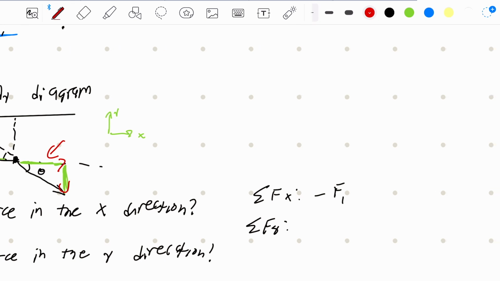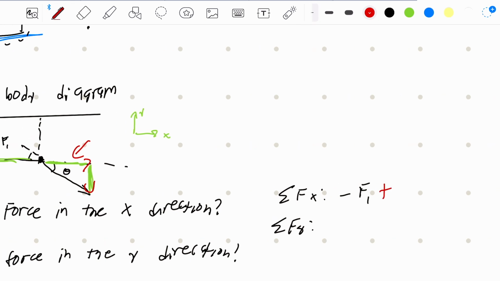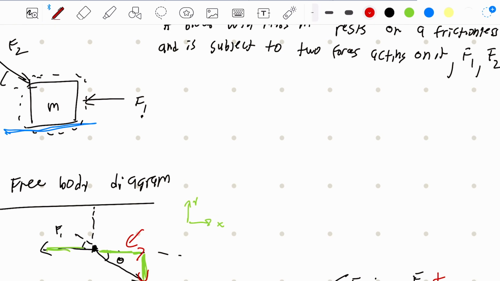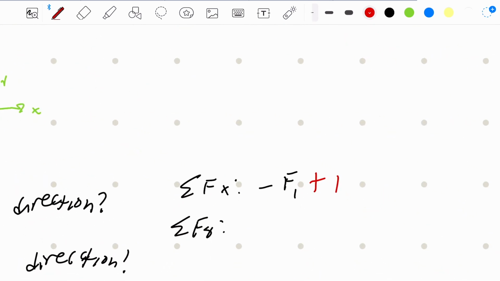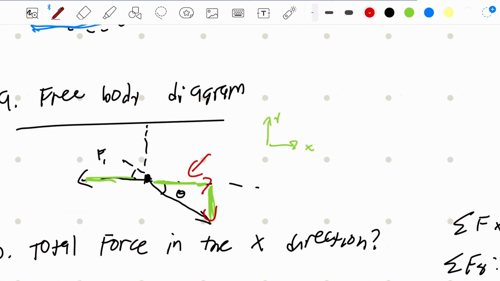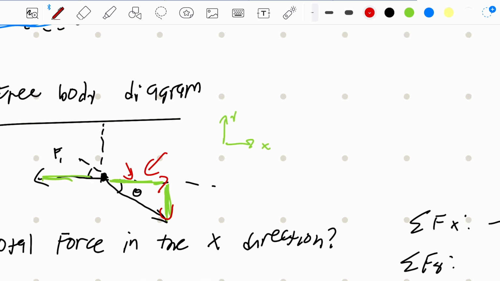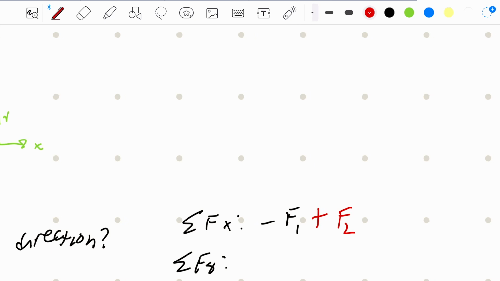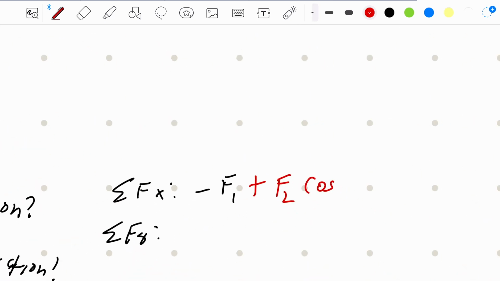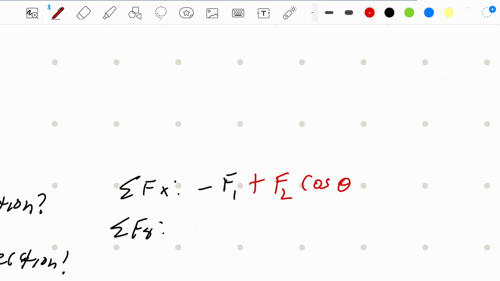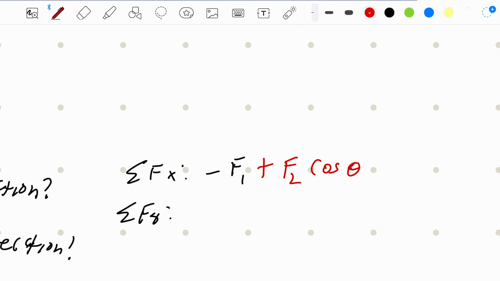So we have plus, and that would be F2, yep, F2, and remember this is the cosine because it's adjacent to the angle, so it'd be F2 cosine of the angle theta, and this would be equal to whatever ma is going on in there.